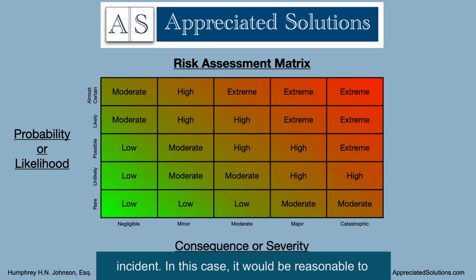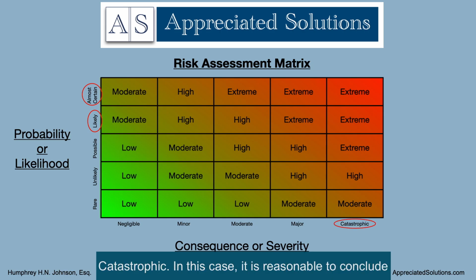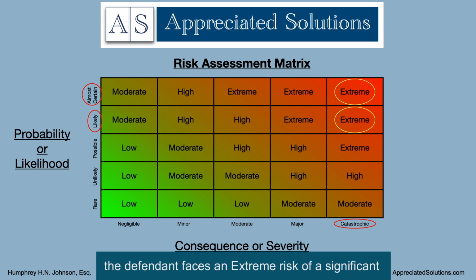In this case, it would be reasonable to conclude a jury will be likely, if not almost certain, to find both that the defendant is liable and that the injuries are catastrophic. In this case, it's reasonable to conclude the defendant faces an extreme risk of a significant verdict. If we add more details regarding the plaintiff's claimed damages, we could add probable ranges in dollars of any verdict.